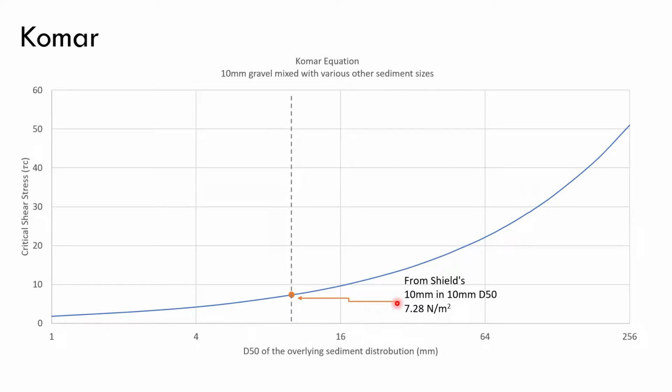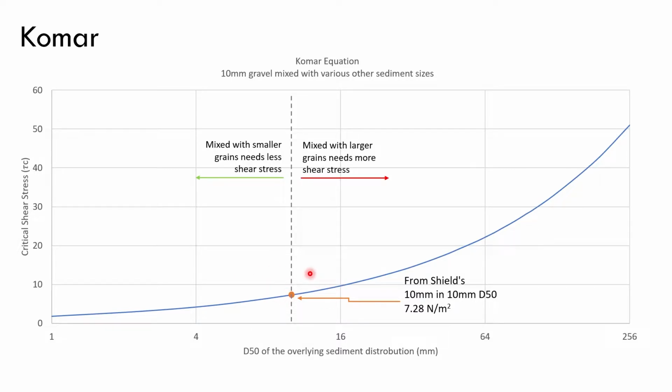But on the flip side, if we have larger grains within a smaller grain size distribution, we're going to need less shear stress to move that than we normally would.